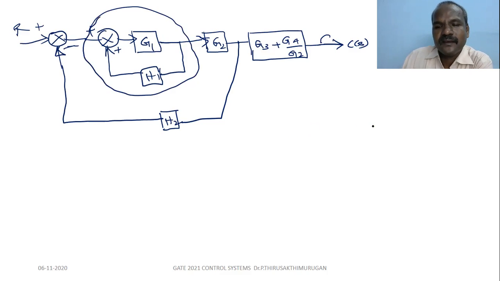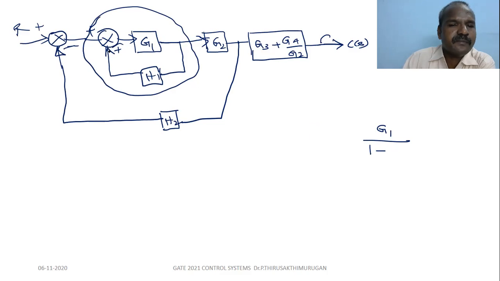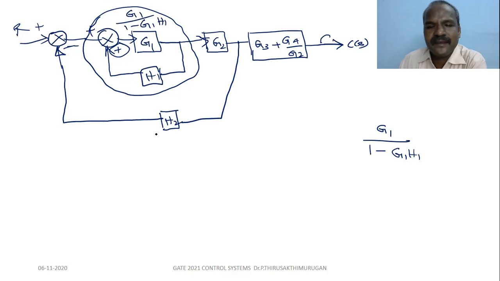So what is that? G1 forward loop divided by 1 minus feedback loop, because this is positive feedback. So 1 minus G1 H1. So this block's equivalent is G1 divided by 1 minus G1 H1, right?